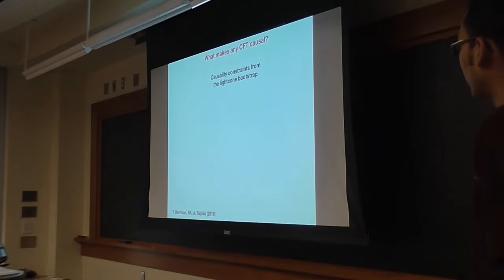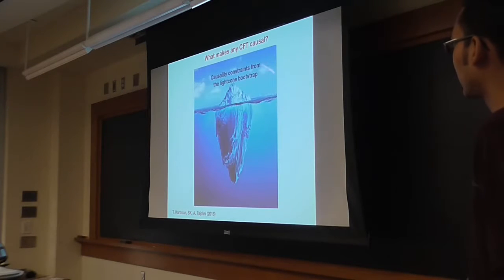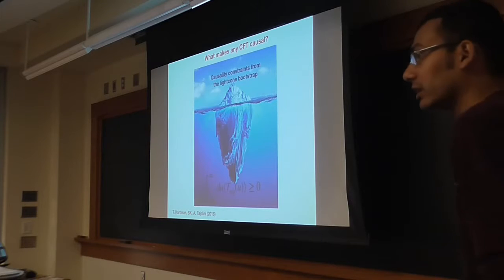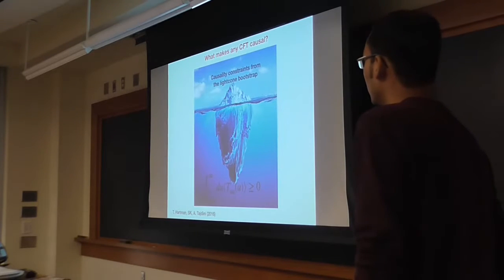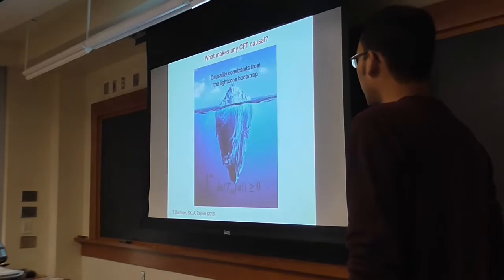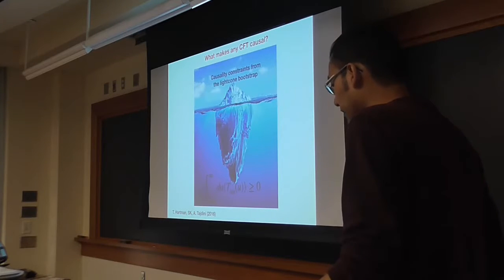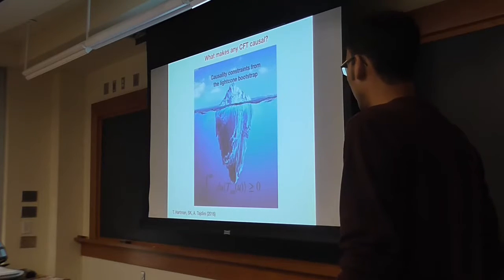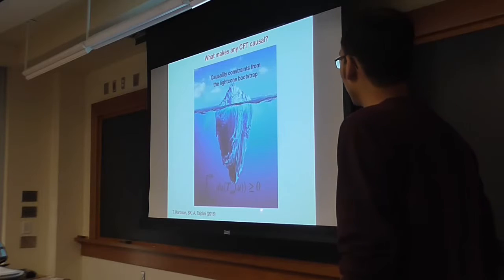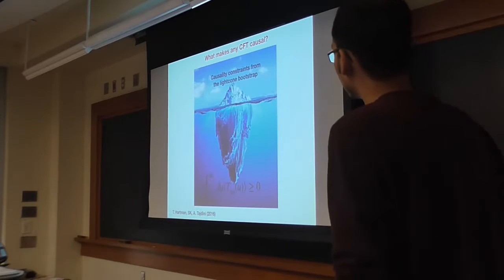But we found in our previous paper that this is just the tip of the iceberg. The actual condition is basically the average null energy condition. So causality dictates that the average null energy condition should be true in quantum field theory, and because of that, you get these kinds of bounds.